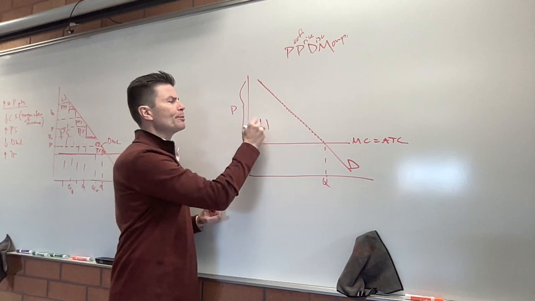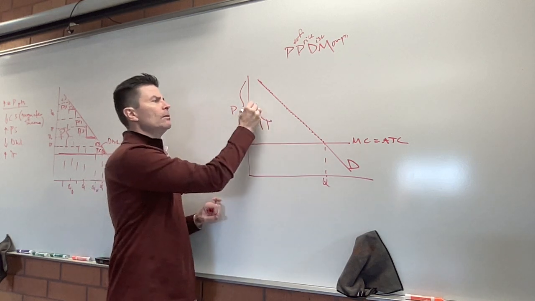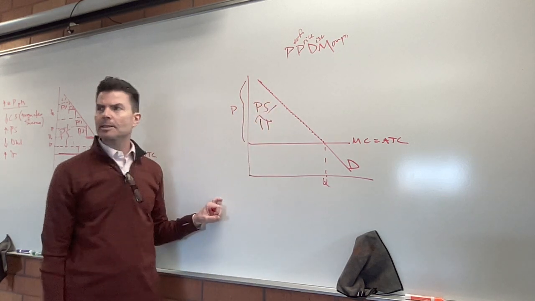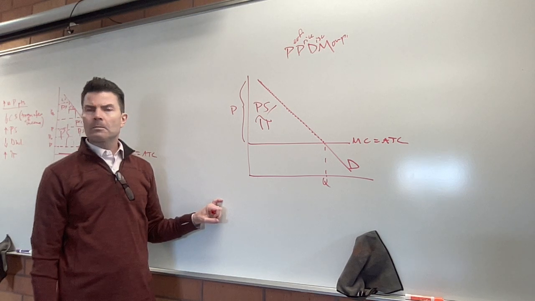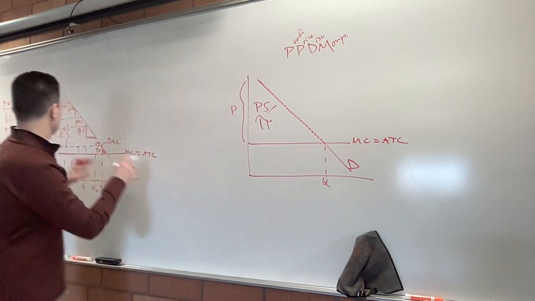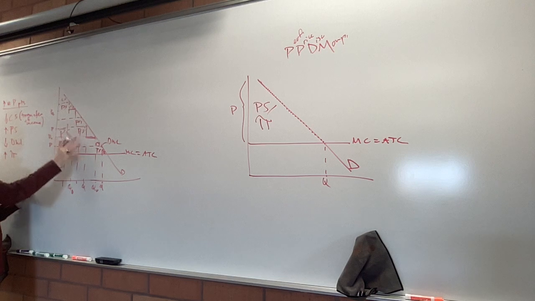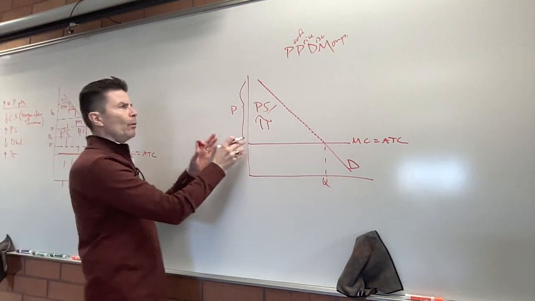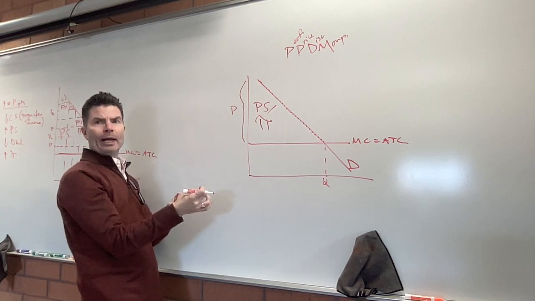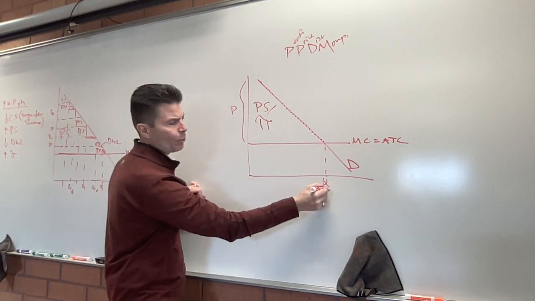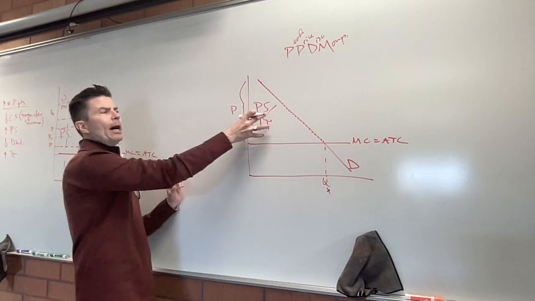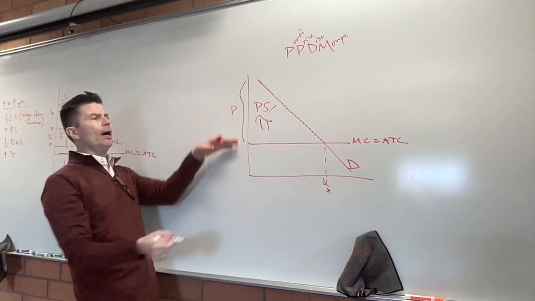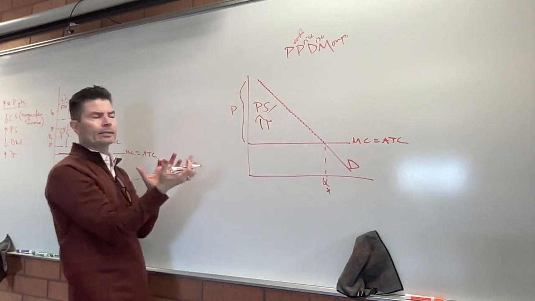This entire area is profit, and it's also producer surplus. Because look, producer surplus kept growing and growing every time we added things onto it. But if we get to a point where we can charge every single price, our quantity is way over here, but my prices are high and low, so the entire thing is it.